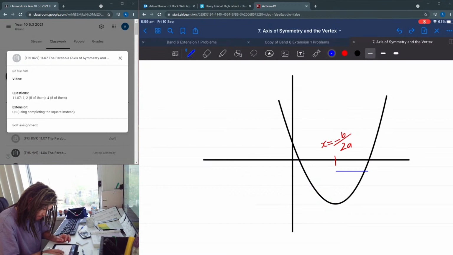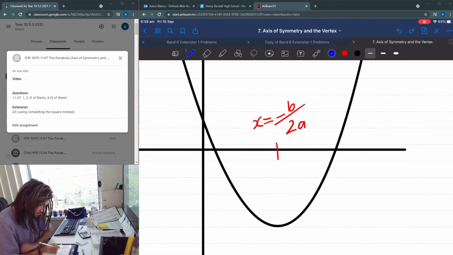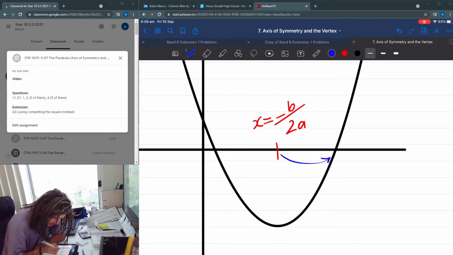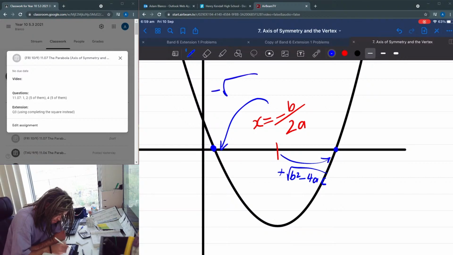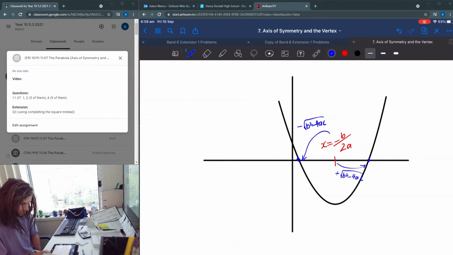Then this is plus the square root of b squared minus 4ac to get to there, and then it's minus the square root of b squared minus 4ac. I don't know why that picture was so hard to draw.